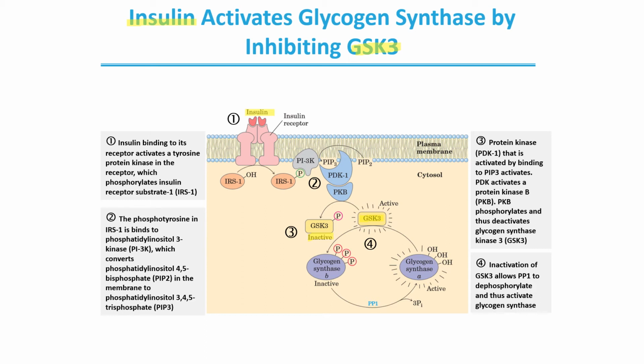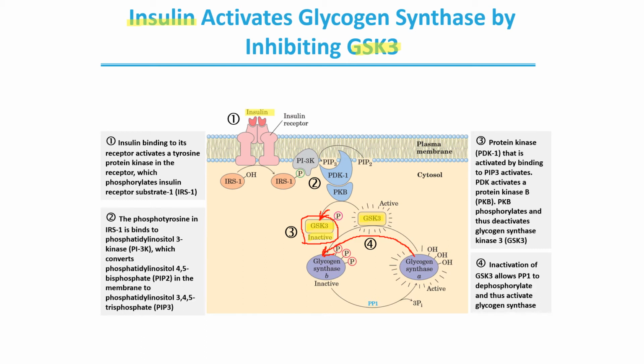Now once this GSK3 is in the inactive form, that is the main purpose of insulin, basically to inactivate this GSK3. The function of GSK3 was to convert the glycogen synthase into this inactive form. So GSK3 is inactivating the glycogen synthase.